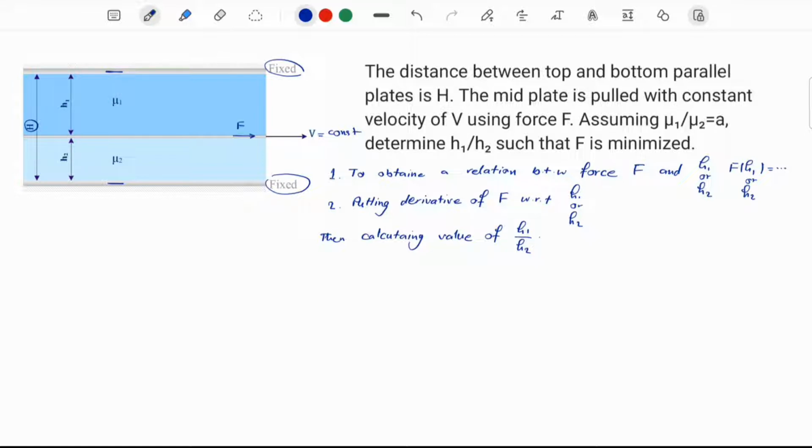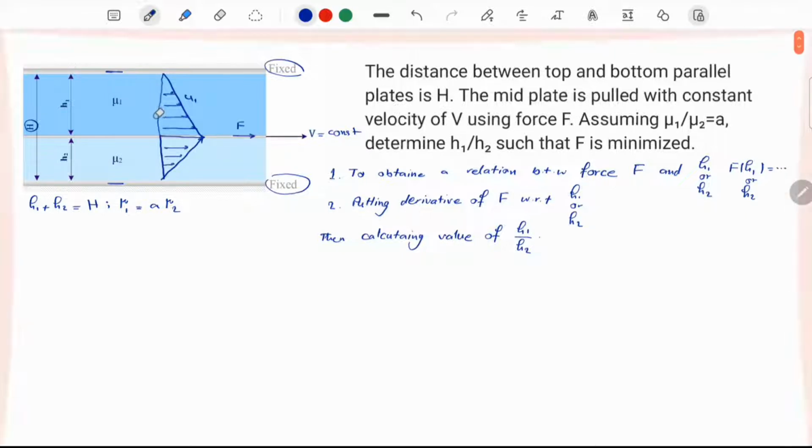First, let's look at the information we are given in this problem. It says that h1 plus h2 equals capital H, and mu1 equals a multiplied by mu2. We are going to use this information to solve our problem. I consider the velocity profile in fluid 1 like this, and I call it u1, and the velocity profile for fluid 2, I call it u2.